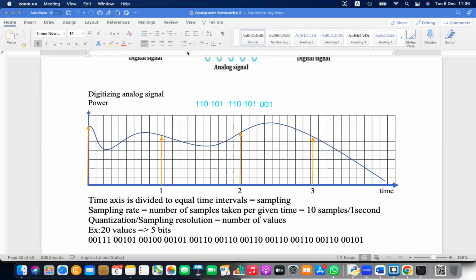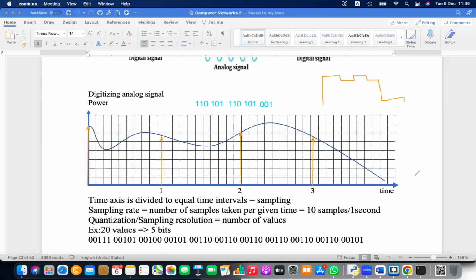That digital signal has level 6. After that, it falls down to level 5, 6 again, 5 again, and 1. This is your digital signal: 6, 5, 6, 5, 1.